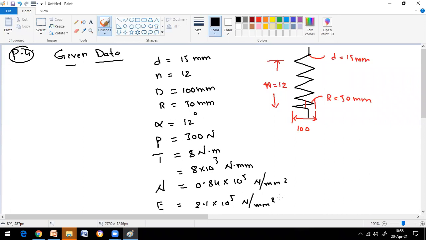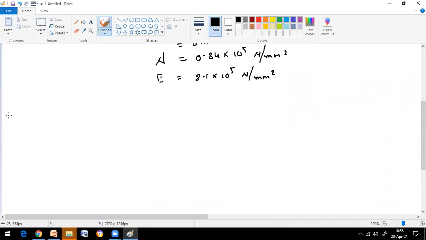To assume, the given data becomes very important. By writing the given data, you can compare which data is given and which data is not given. Now try to solve the problem. So let's first take the formula. What is the formula? Here we have to calculate first T and M.